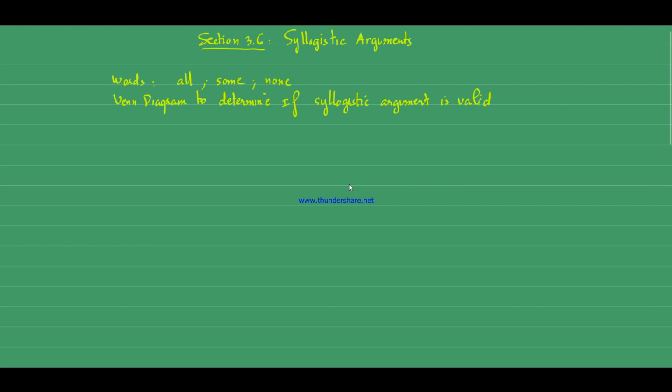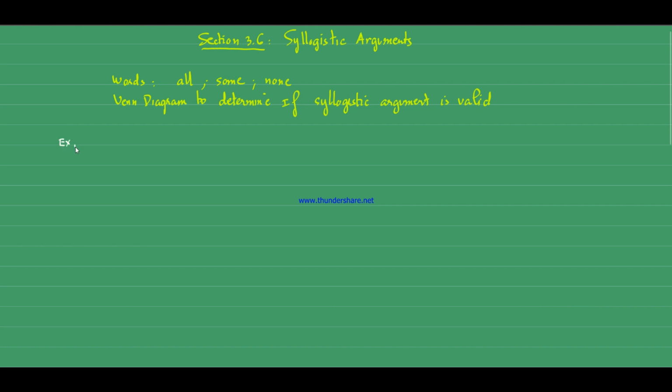If we can only find one Venn diagram corresponding to the argument, then we know that argument is valid. Now I'm going to jump into the first example right away.